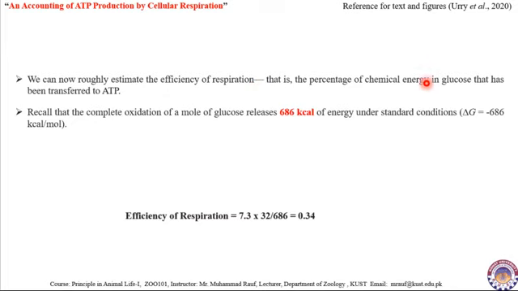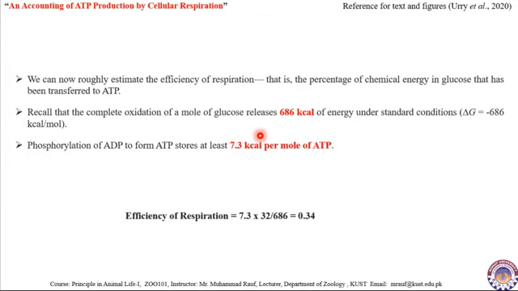So the percentage of chemical energy in glucose that has been transferred to ATP, recall that the complete oxidation of a molecule of glucose releases 686 kilocalories of energy under standard conditions. So this is the amount of energy which can be derived from the complete oxidation of a glucose molecule under standard conditions. But what happens during this whole process?